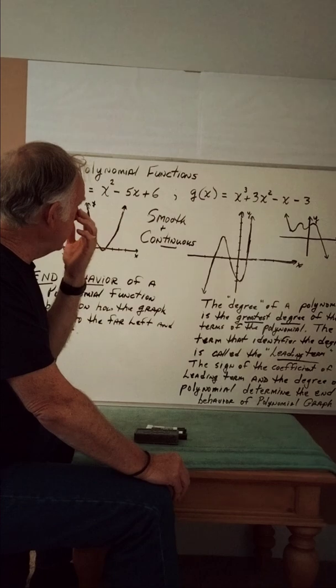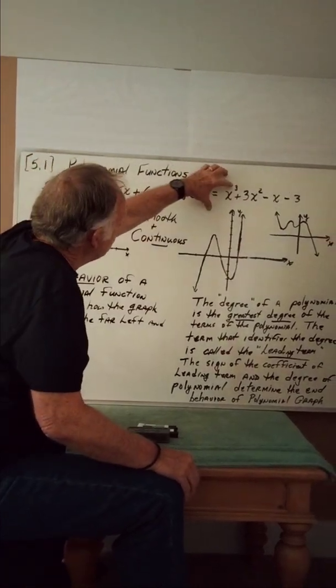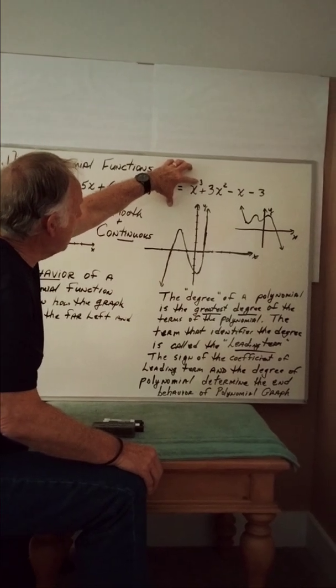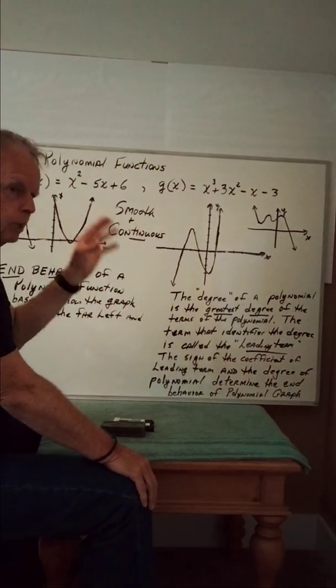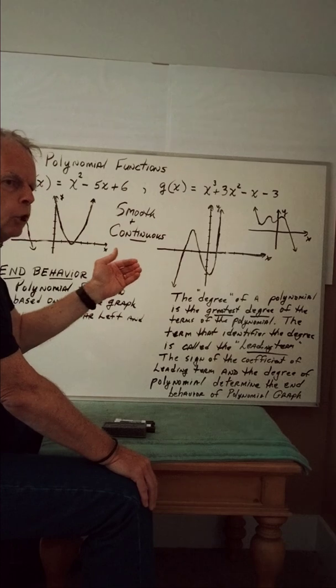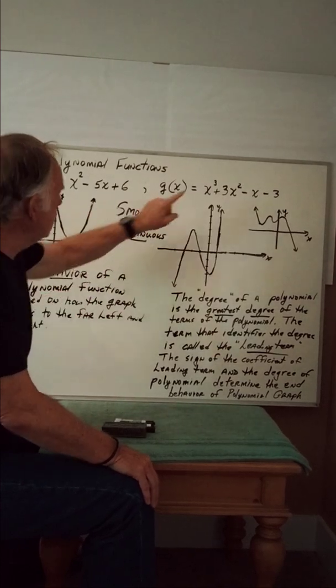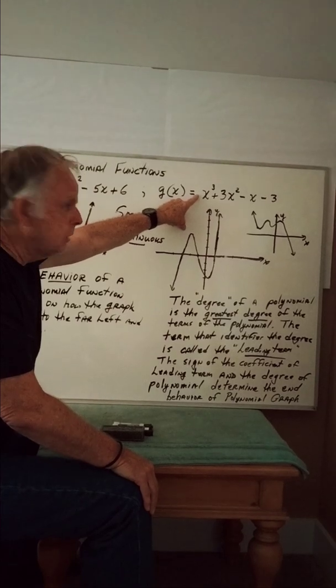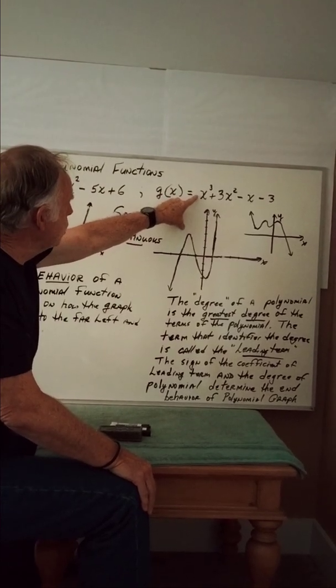Item number 1, what the degree is, the actual degree of that lead term, the actual degree of the polynomial, and secondly, the sign of the coefficient of that lead term.